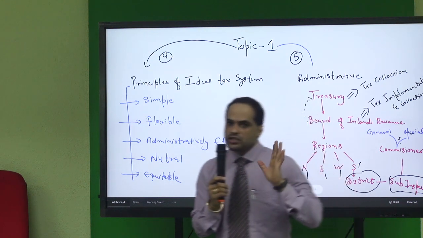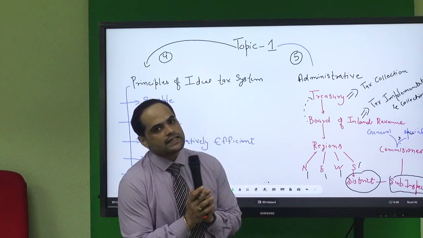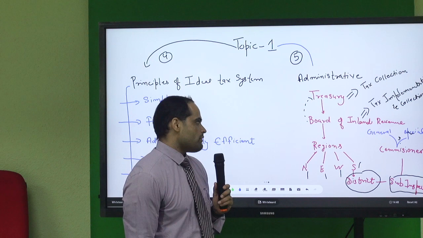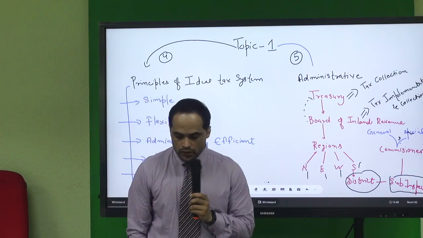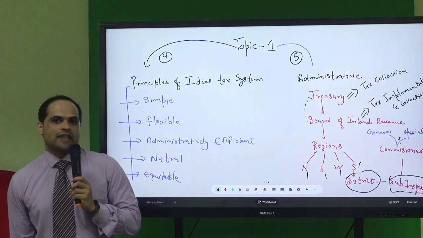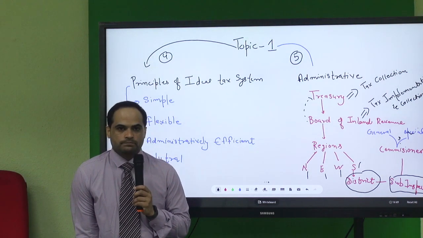Now what's the difference between general and special? The general tax commissioner is responsible for solving issues related to tax, but those are minor issues, right?